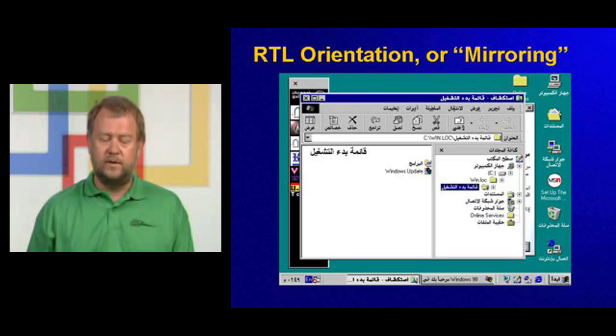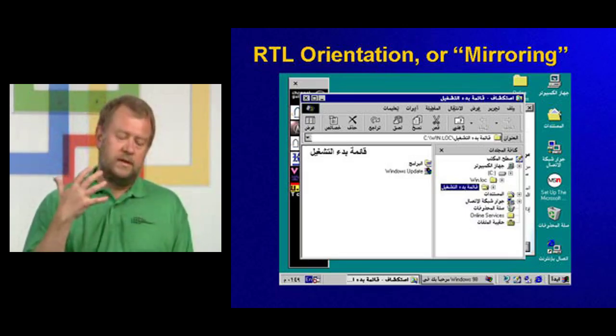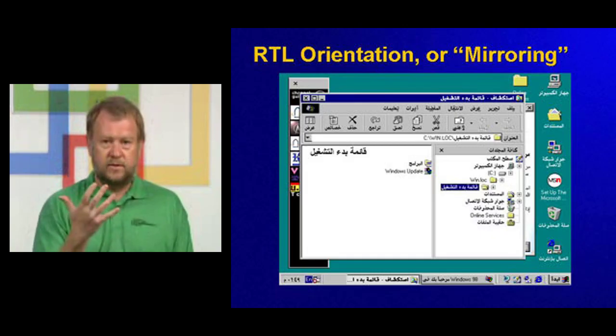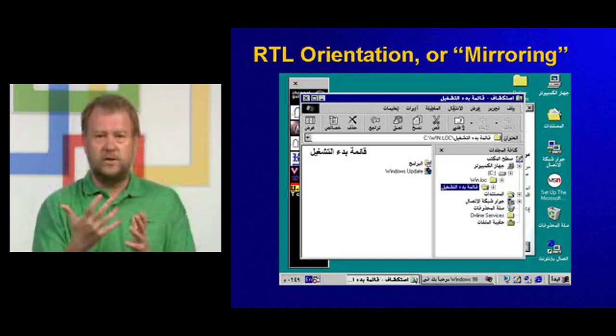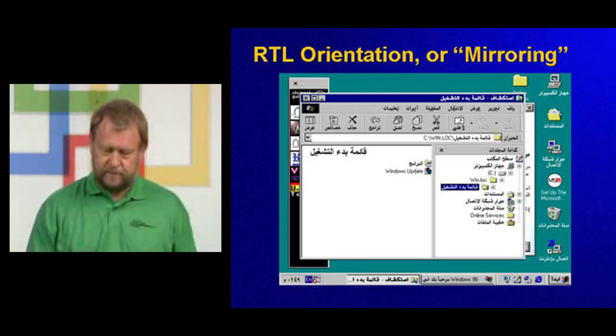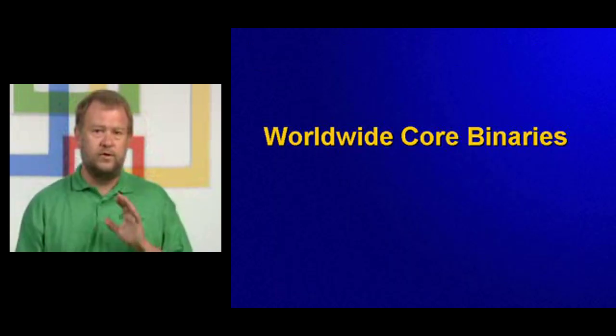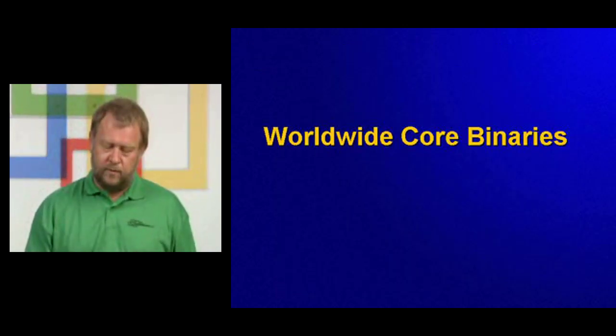We have a new application programming user interface that allows the programmers to also program an application to lay out its user interface from right to left. So that's the first thing, the new features for new scripts that we've talked about earlier.